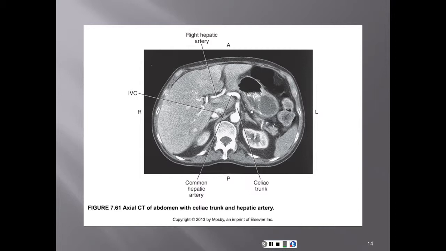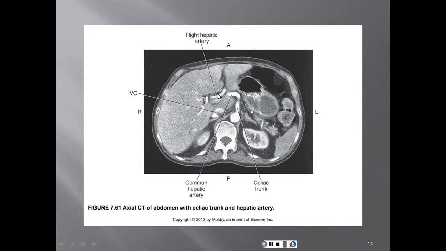Axial CT image of the abdomen at the celiac trunk and the hepatic artery, again enhanced by the use of intravenous contrast material. On this image, we should be able to identify the right hepatic artery.